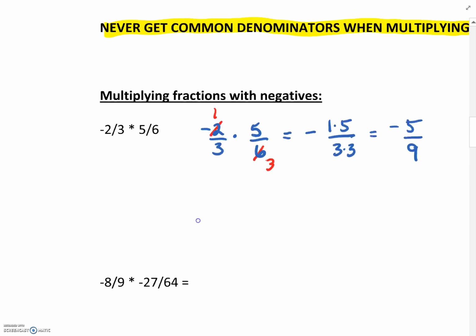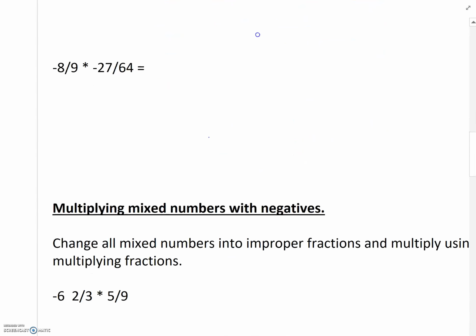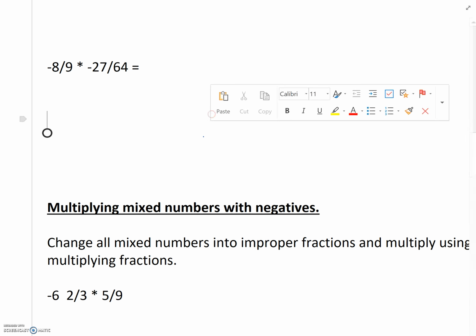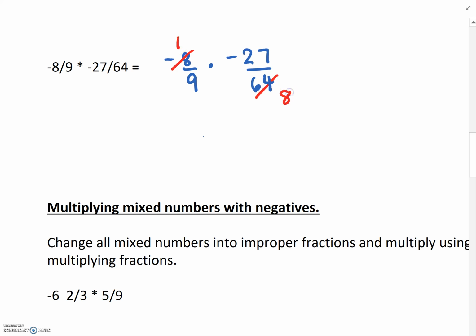And then I get negative 5/9. So let's try another one. Negative 8/9 times negative 27/64. So with 8 and 64, they both have a common factor of 8. 8 goes into 8 one time. 8 goes into 64 8 times.